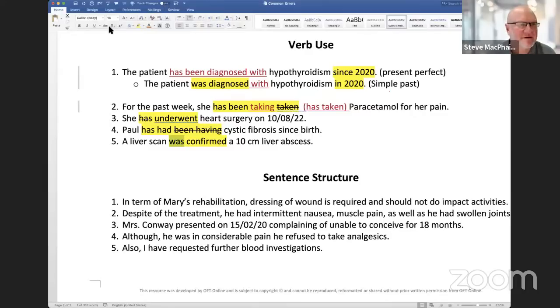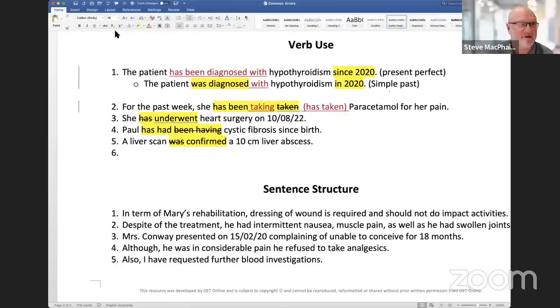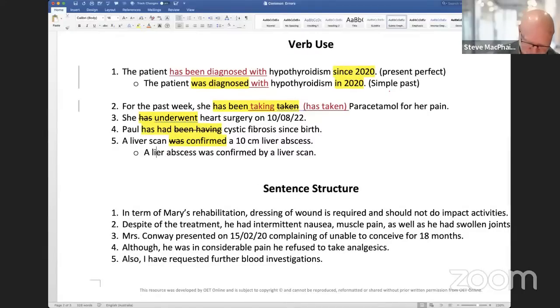Danielle. A liver scan confirmed a 10-centimeter liver abscess, or we can just change the subject. A liver abscess was confirmed by a liver scan or ultrasound.